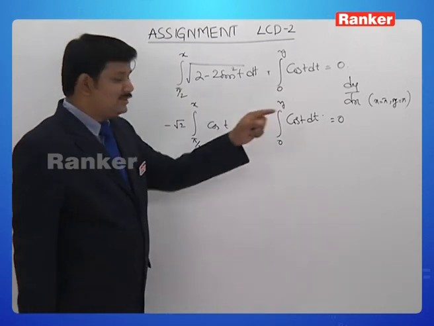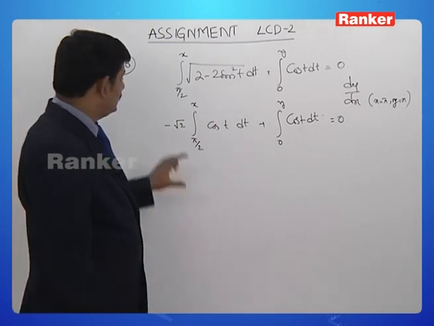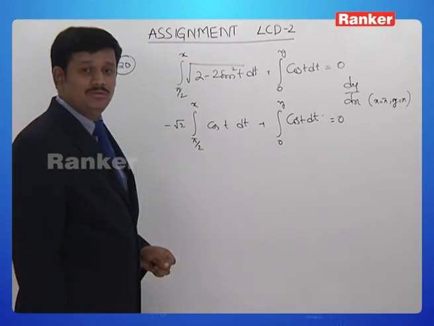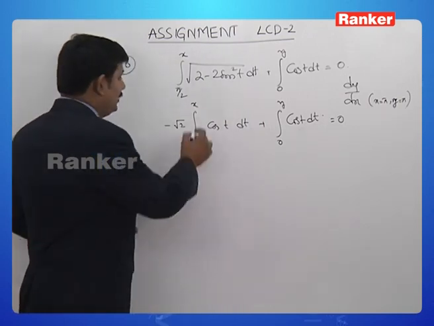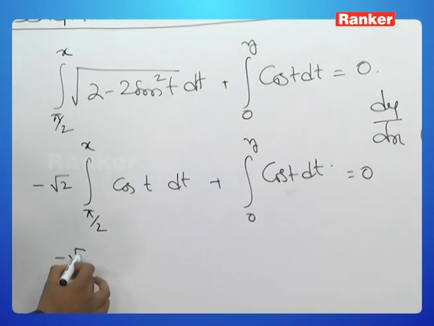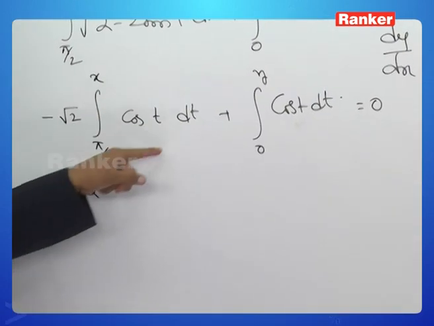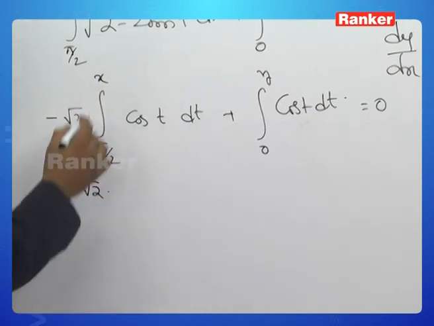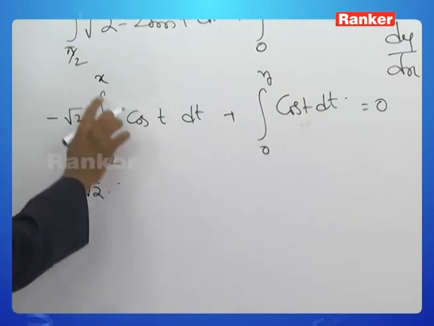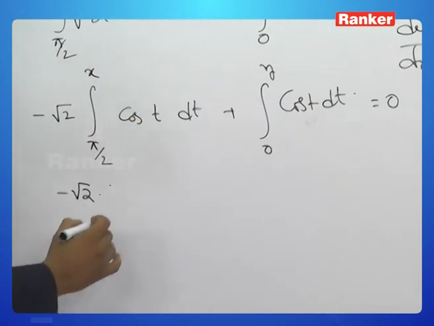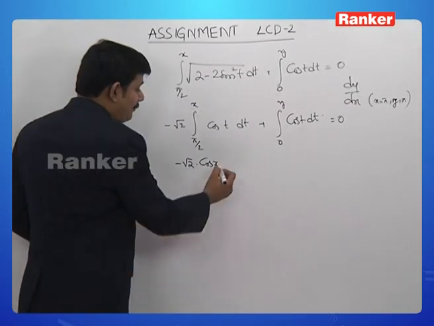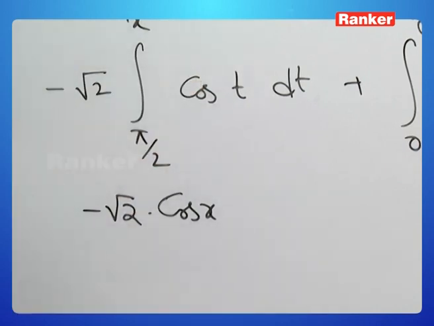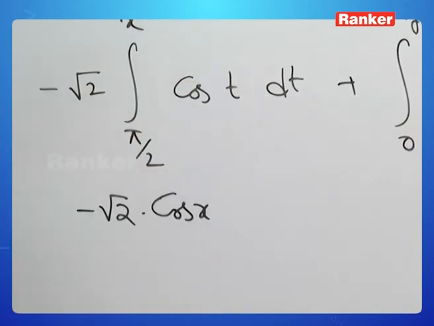Let us differentiate this equation throughout, and for this, because we have to differentiate a definite integral, we have to use the Newton-Leibniz rule, which says: minus root 2 as it is, into the derivative of this function with respect to x, which is the derivative of the upper limit, 1, into substituting the upper limit in place of t, cos x, minus the derivative of the lower limit, which is 0, into substituting the lower limit, whatever it is, 0.